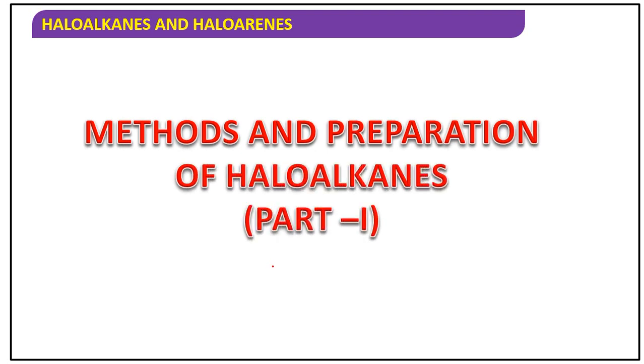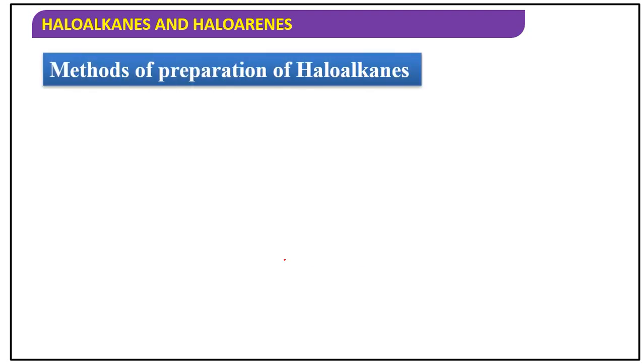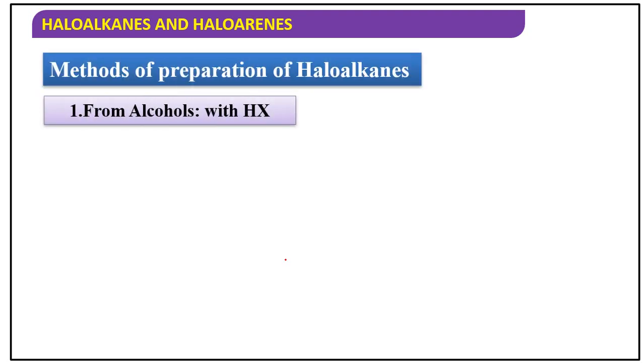Next, methods of preparation of haloalkanes, part 1. First, preparation. We can prepare haloalkanes from alcohols, alkanes, alkenes, and many other compounds. First we are discussing how to prepare haloalkanes from alcohols.